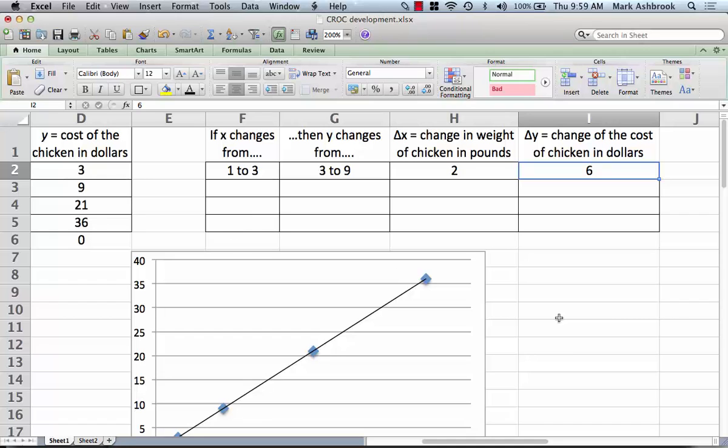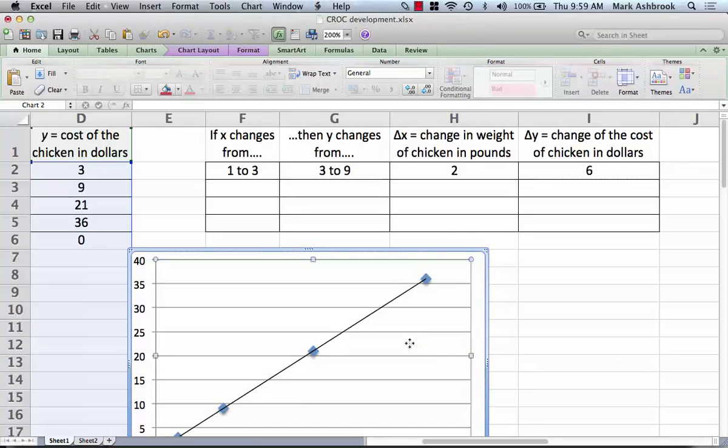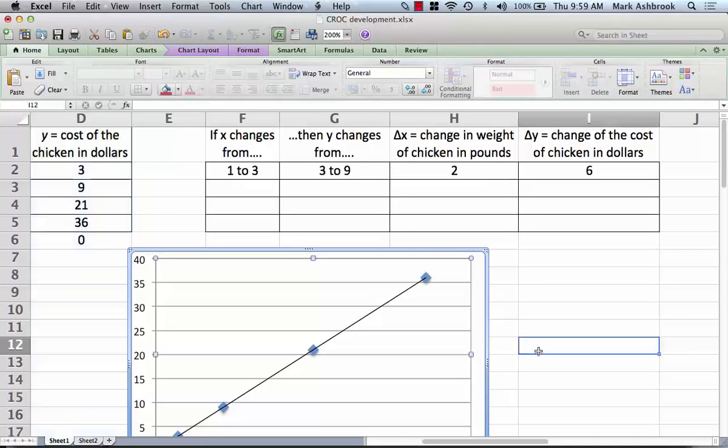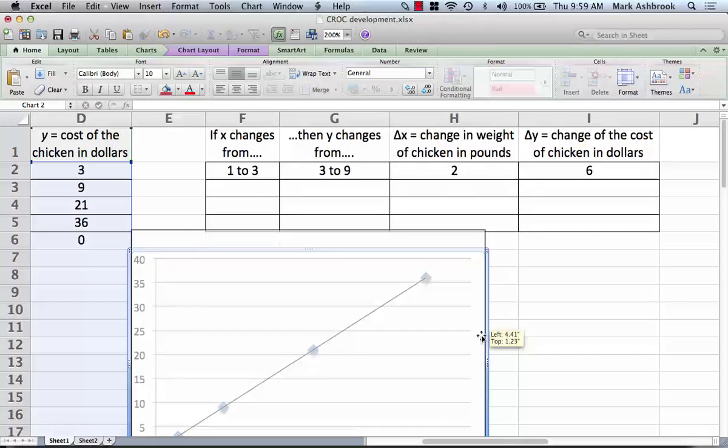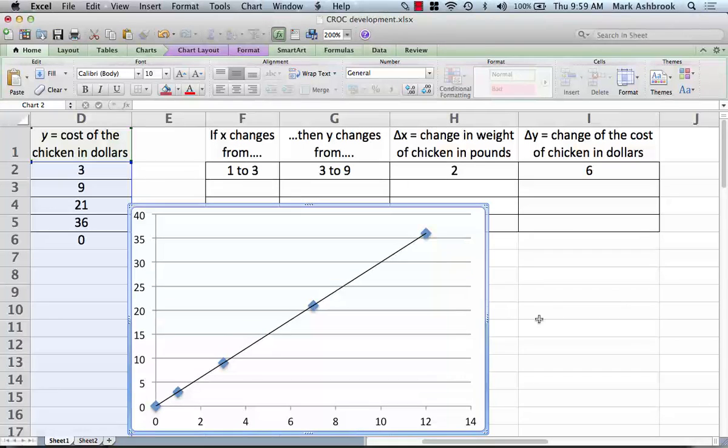Okay, so now how would we show these changes on the graph? Already there. It's on the line. If I just want to show the change in x from 1 to 3, how can I represent the change in x from 1 to 3 on this graph? Just the change in x. It'll be a horizontal line, right?